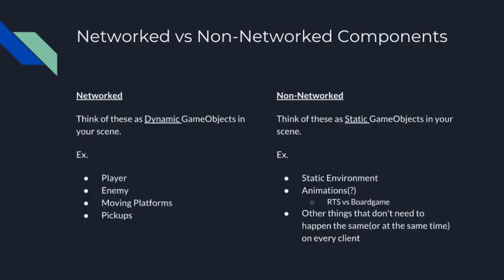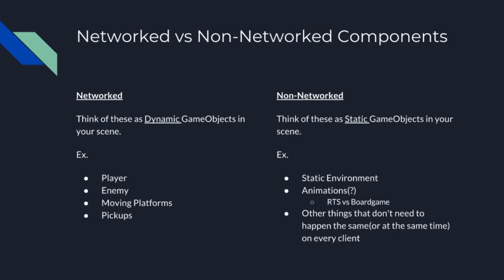On that subject, it's important to understand what networked components and non-networked components you need. Networked components are dynamic game objects or such things that will be changing in your scene depending upon player interaction.